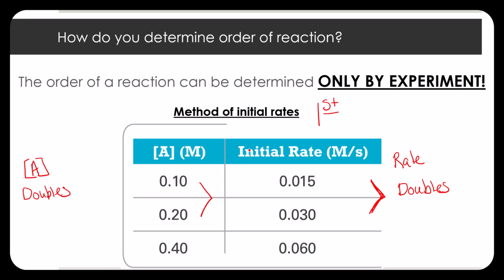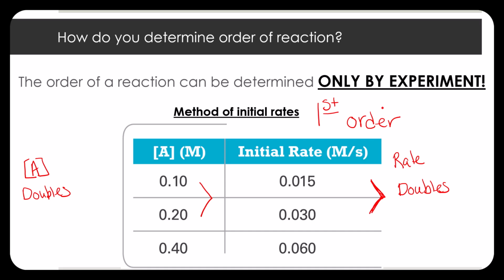So this is first order. If you are not just inherently seeing these as I talk through it, we are going to have a systematic formula to determine the order of the reaction. So just hold tight on that.